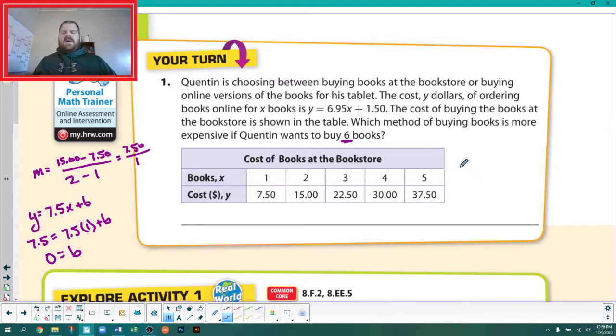So this one has an equation of y equals 7.5 times x. Or you could say x plus 0, but that's just a waste of time.